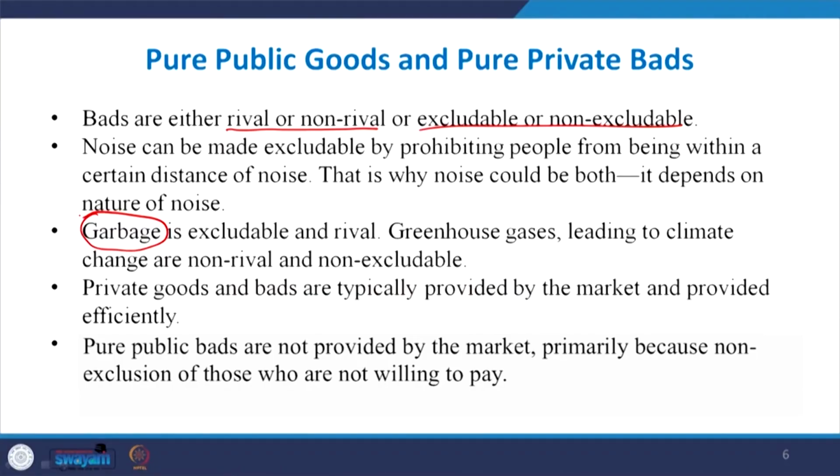Pure public bads are not provided by the market because of the non-exclusion of those who are not willing to pay. Since pure public bad products are non-excludable and non-rival, the market is not able to provide these goods, because once a company creates such a product, whether a consumer is willing to pay the price or not, in both cases the consumer may consume the product even without paying.